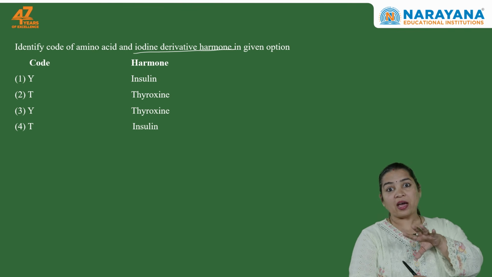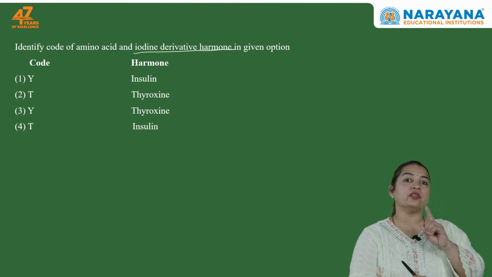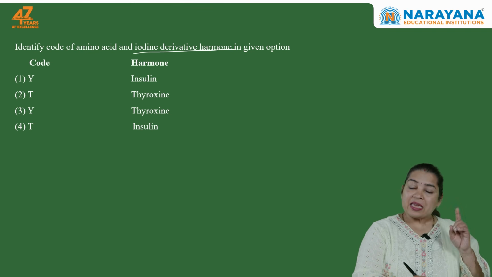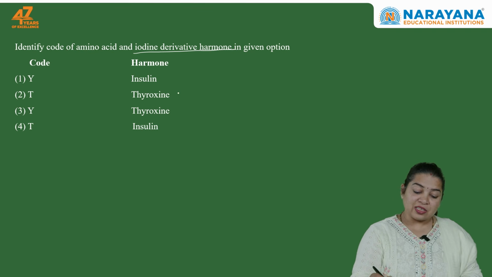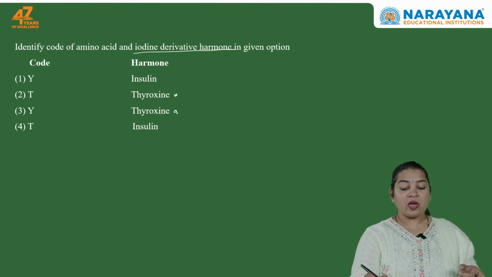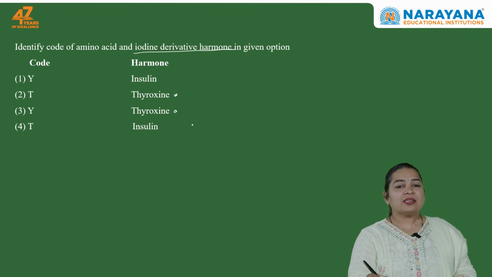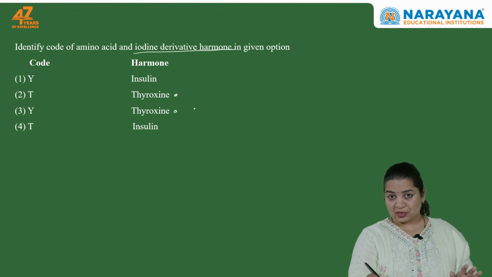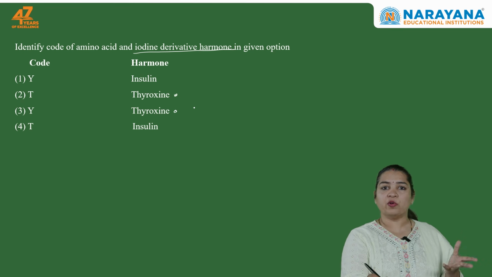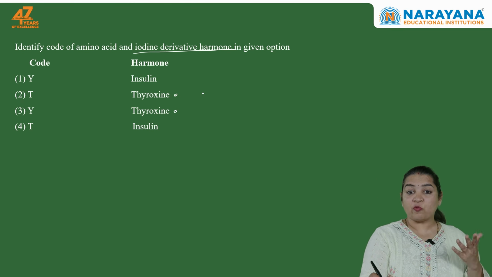So with general observation, you may come across that iodine is related to thyroxine. Even if you get till here, I won't say you will get the right answer, because there are two options where the hormone is given as thyroxine. So this part is not getting me the direct answer. Options 1 and 4 are removed from my choices. But T and Y, now which one?